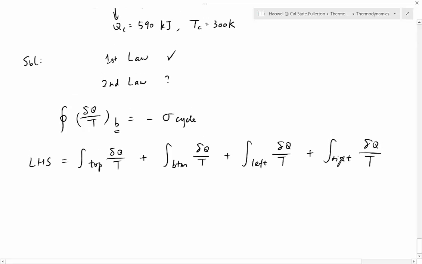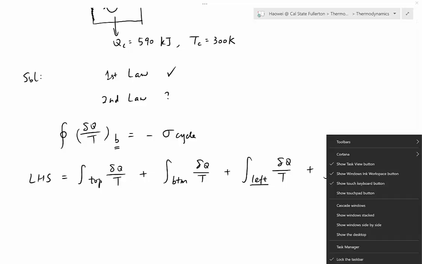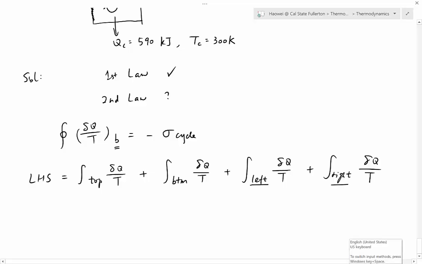Okay, so now let's take a look at the left surface and the right surface. On the left surface, which is this one, do we have heat transfer? There's no heat transfer, so Q is equal to 0. If Q is equal to 0, this term goes to 0.